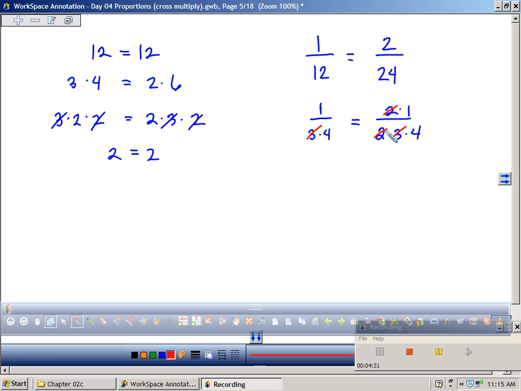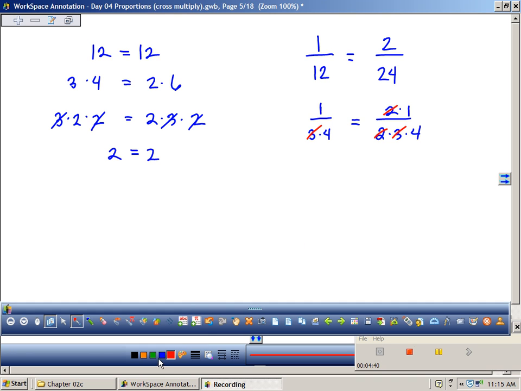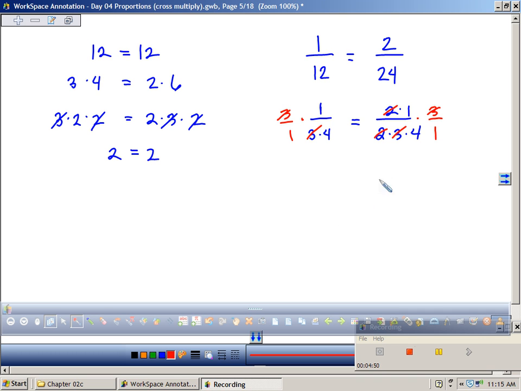Can't I take a 3 from both denominators? Do you know why? Isn't it the same thing as multiplying both sides of my equation by 3 over 1? The same thing, right? It's called a balance move. As long as you take the same thing from the denominator as you did from the other denominator, it's a balanced move, right? Just like we've been doing with equations with everything.